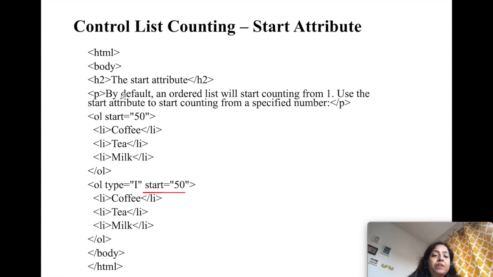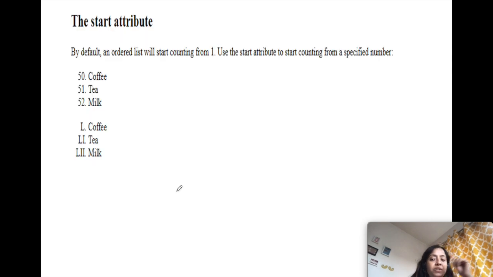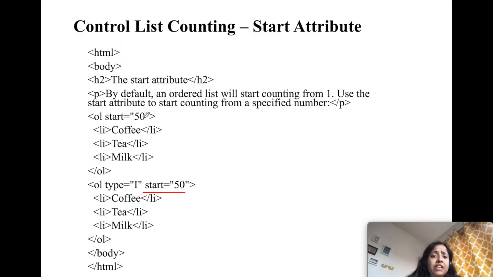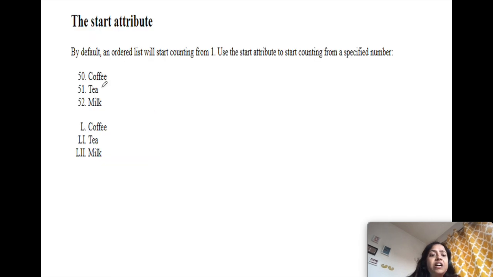So what will happen is, by default if I do not give this start, an ordered list will always start counting from 1 or from Roman 1. If I give any starting attribute, it will start from there, okay? So that is also possible. If you notice clearly here, since I gave OL start equal to 50, it started with the number 50.